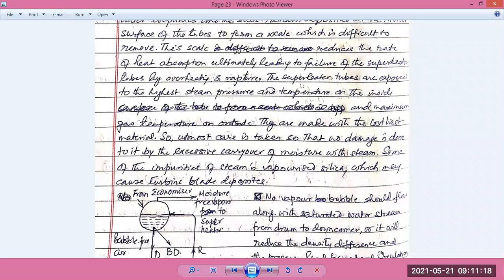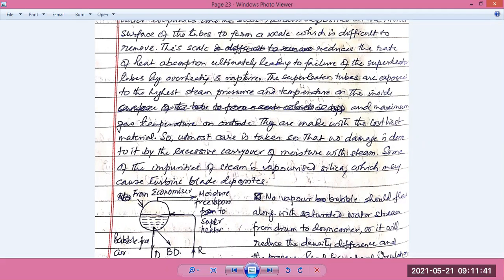But the drum cannot supply the moisture with any sort of scale, any sort of salt or other impurities inside it, because this superheater as a whole is under high pressure and high temperature, and it increases the temperature of the steam from the boiling point, say 100 or 101 degrees, to 560, almost 5 times more.